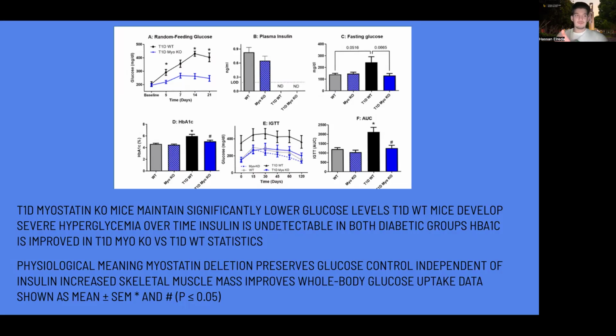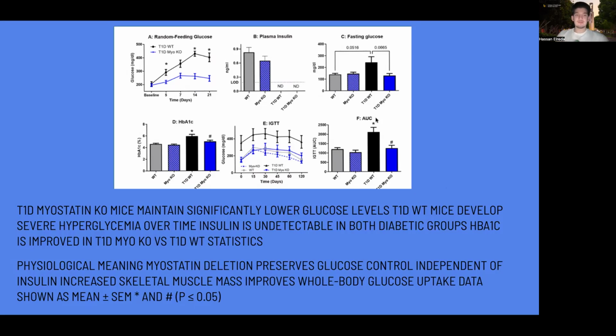The results showed that diabetic mice with normal myostatin developed severe hyperglycemia, while the myostatin knockout mice maintained much lower blood glucose levels, even though both diabetic groups had little to no insulin. The knockout mice had better glucose tolerance and lower HbA1c, suggesting improved long-term glucose control.